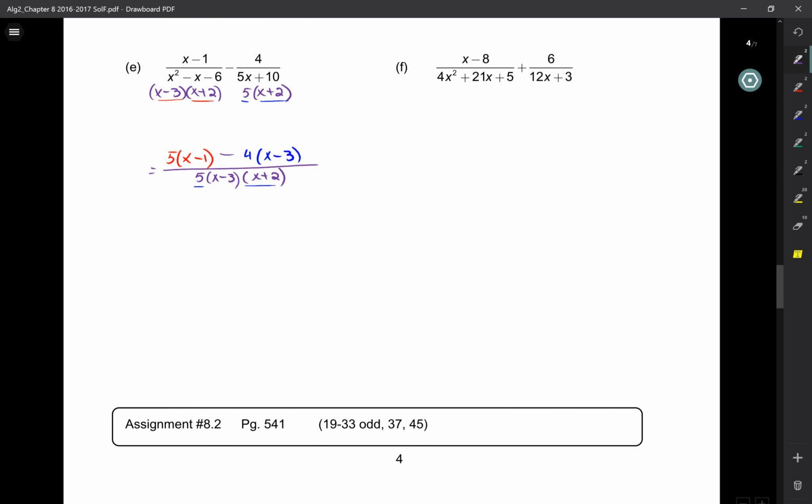Okay, so this is 5x minus 5 minus 4x plus 12 all over 5, x minus 3, x plus 2. So this is positive x plus 7 over all of this.